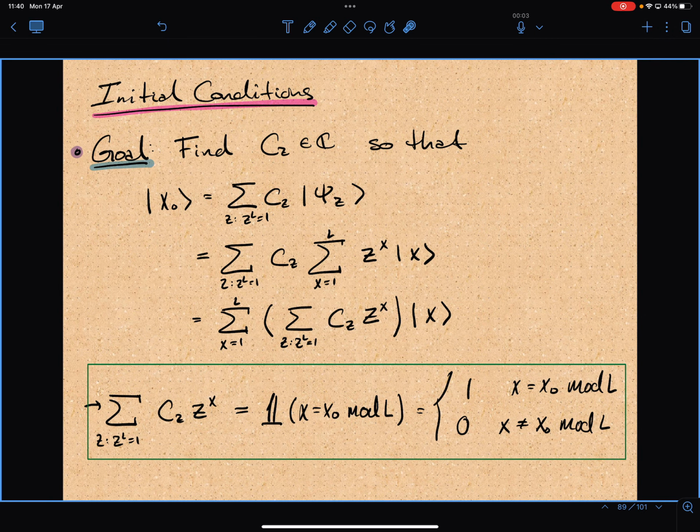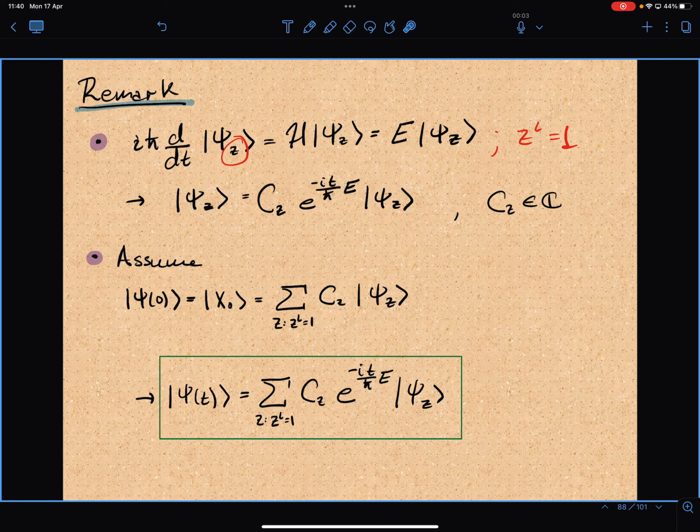What's the notation with the sum? Yeah, good question. So in here, I'm saying that this is going to be the summation over all z such that z to the L is equal to 1.